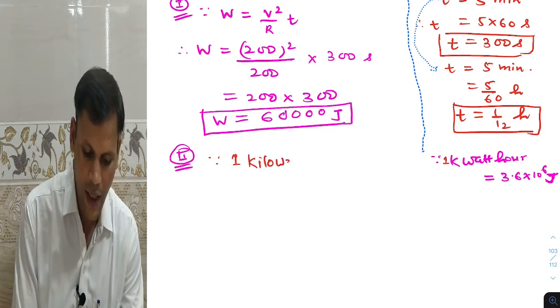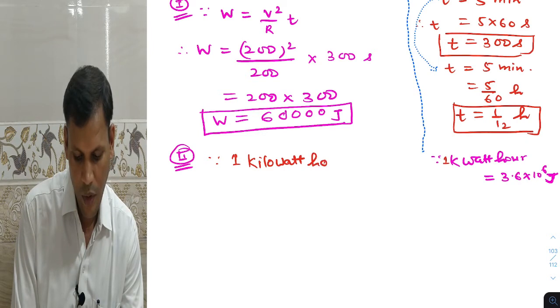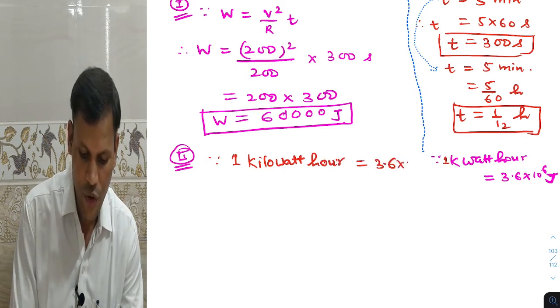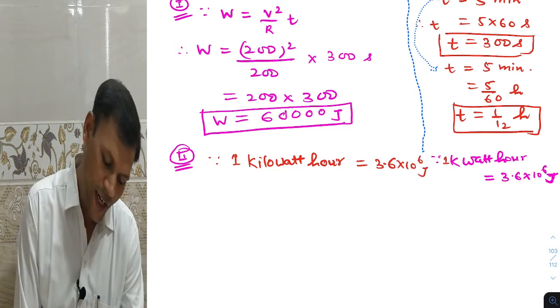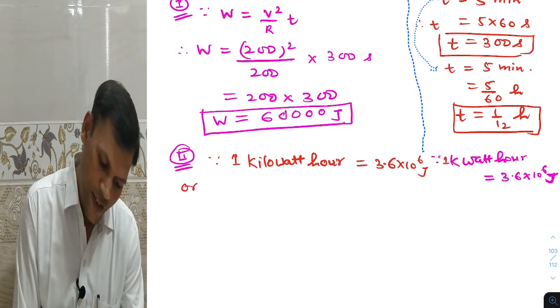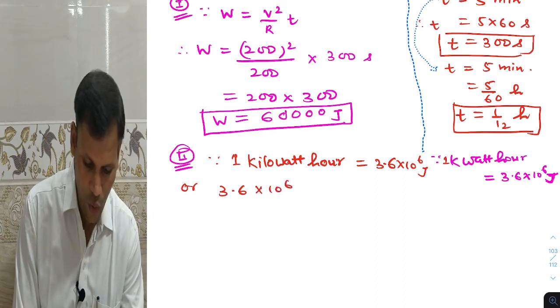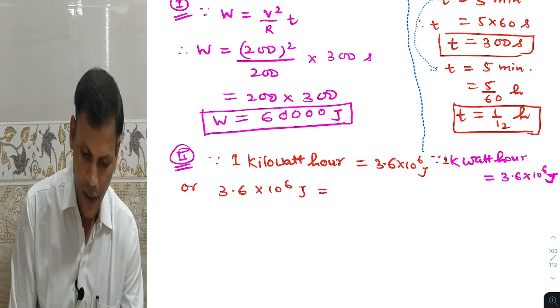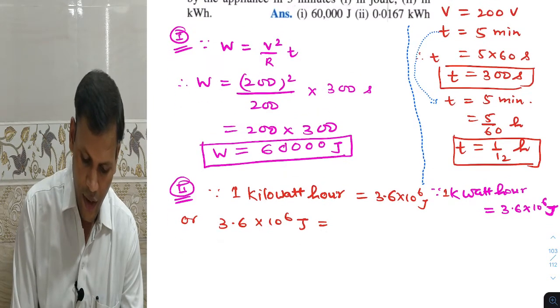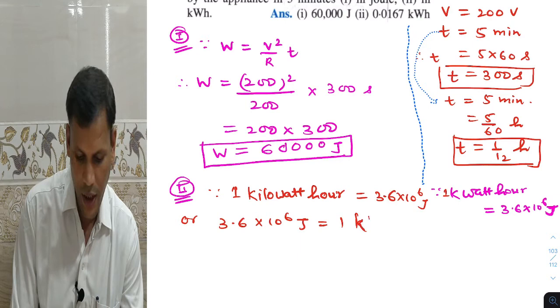1 kilowatt hour is 3.6 into 10⁶ joule, or we can write 3.6 into 10⁶ joule is equals to 1 kilowatt hour.